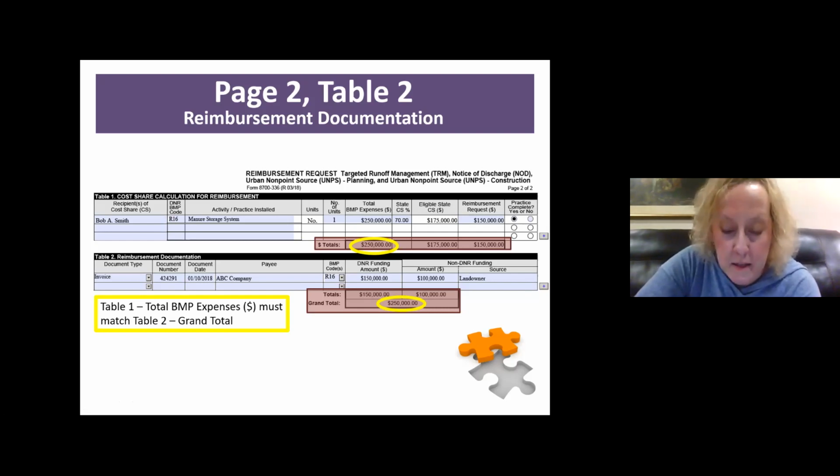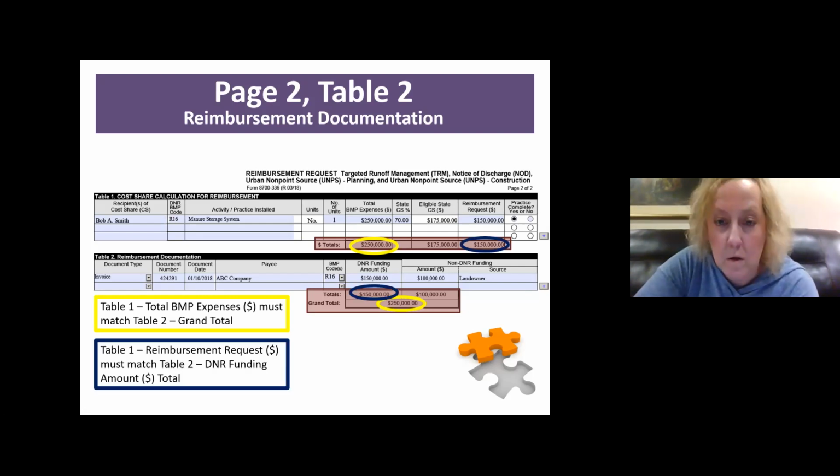So to break it down, you can see here that the proof of purchase grand total amount in table 2, right here, should equal the total BMP expenses claimed in table 1, as noted in those yellow circles. And then the total DNR funding amount in table 2, which is right here, should equal the total reimbursement request amount in table 1, based on the blue circles.